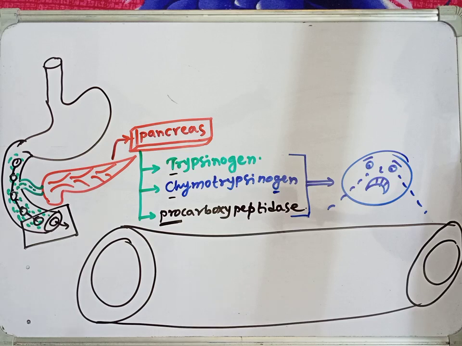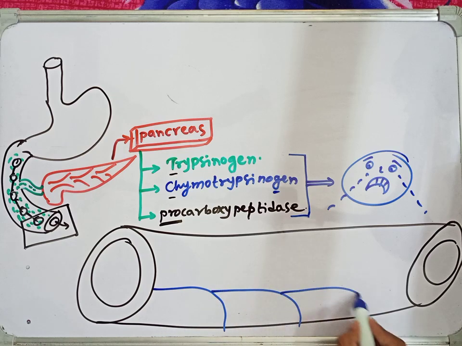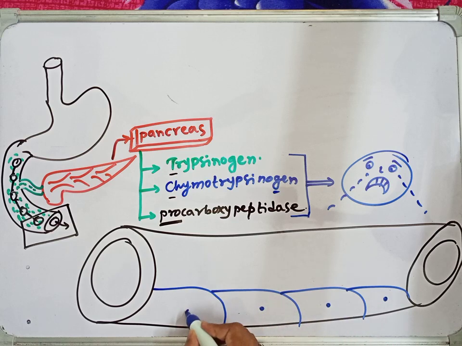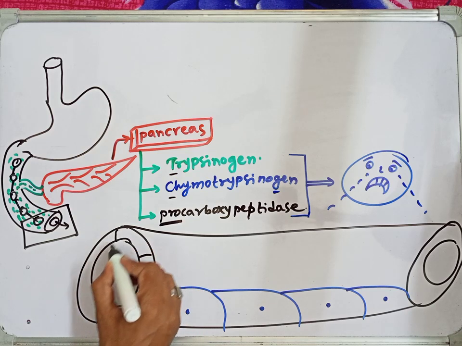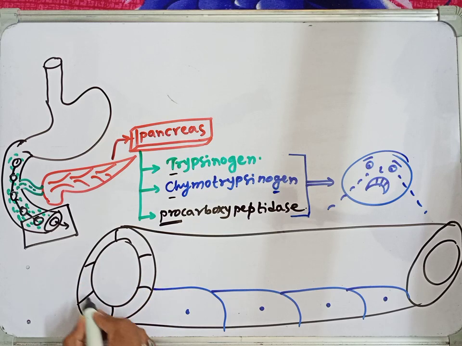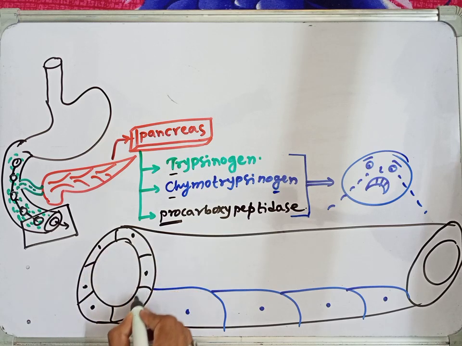And you know very well, the intestine contains a special type of cell, and this cell is called the enterocyte cell. I already mentioned it in carbohydrate digestion and absorption as well, right? This cell is actually the enterocyte cell, which covers our intestine, right?